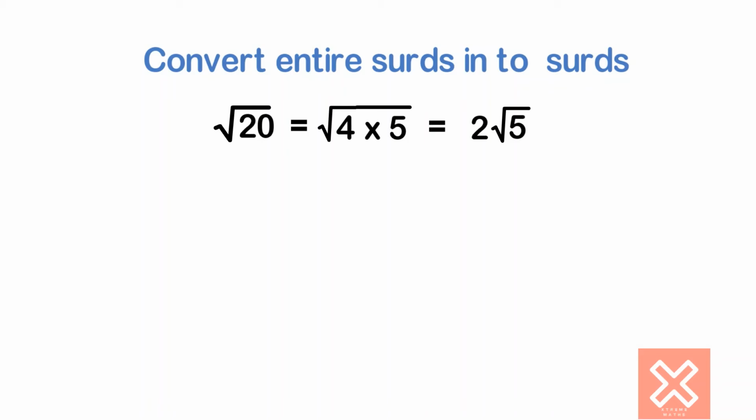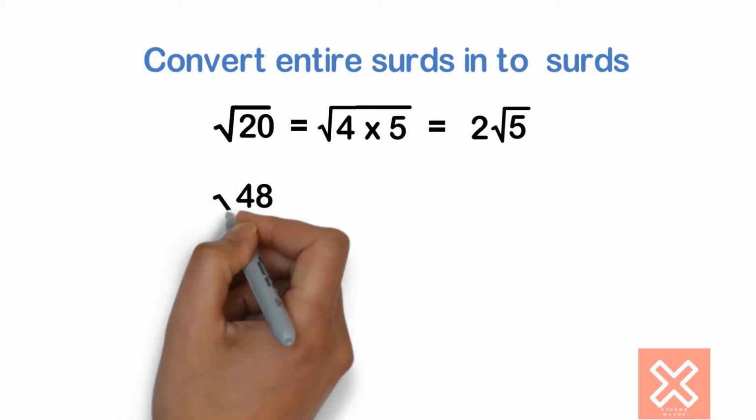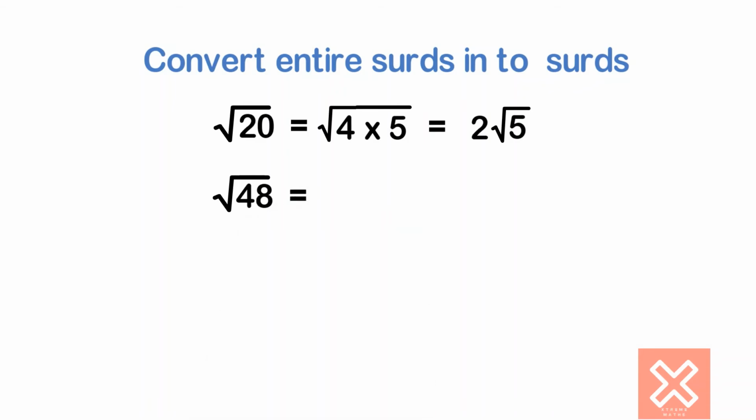Next, √48. How to convert this to a surd? This is an entire surd. You can write 48 as a product of a perfect square and another number. 16 is the nearest perfect square, the highest perfect square in 48. √16 times √3.